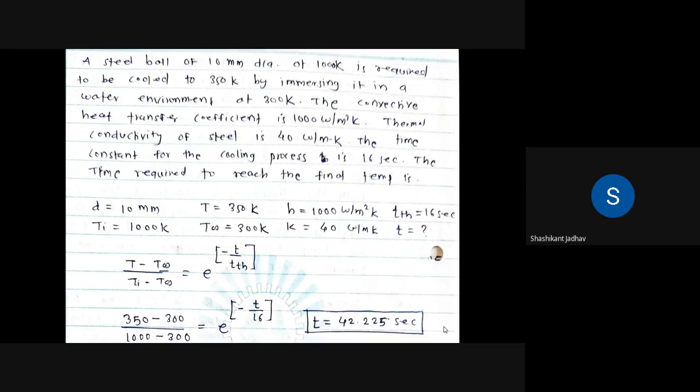Thermal conductivity of steel is 40 watt per meter Kelvin.